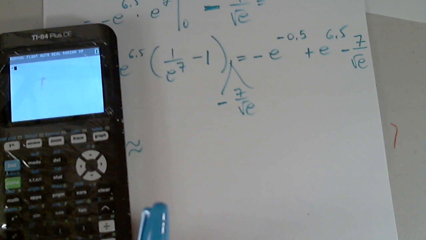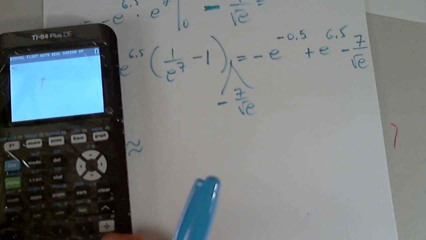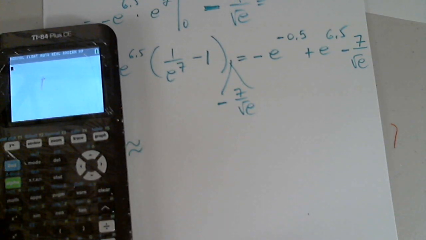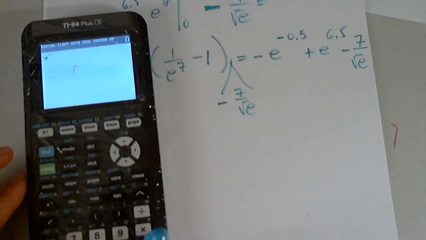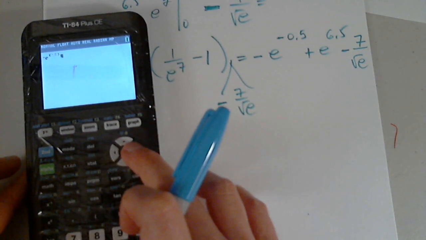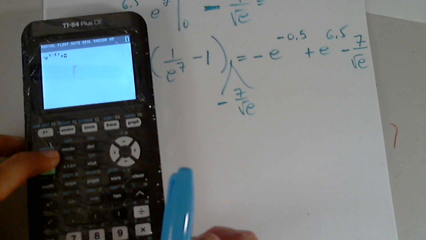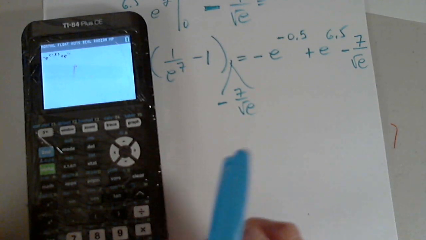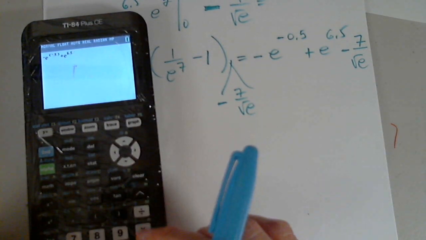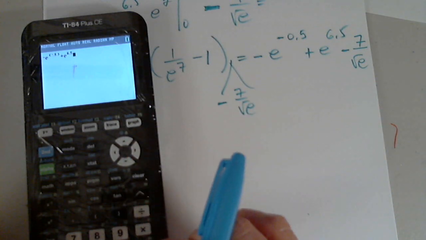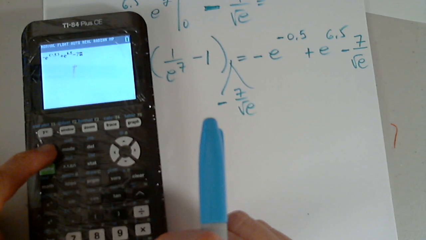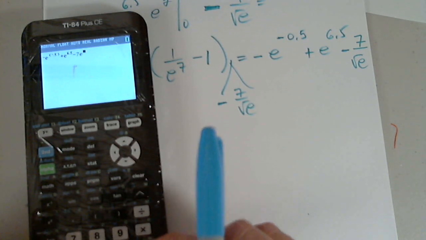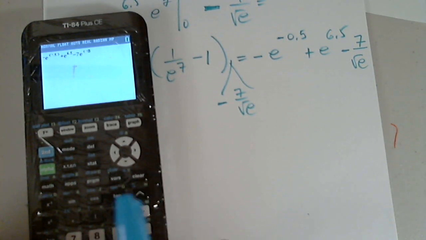Okay, so negative e raised to negative, I like parentheses, negative 0.5, and then plus e to 6.5, and then minus 7. I can write it now as e to negative 0.5.